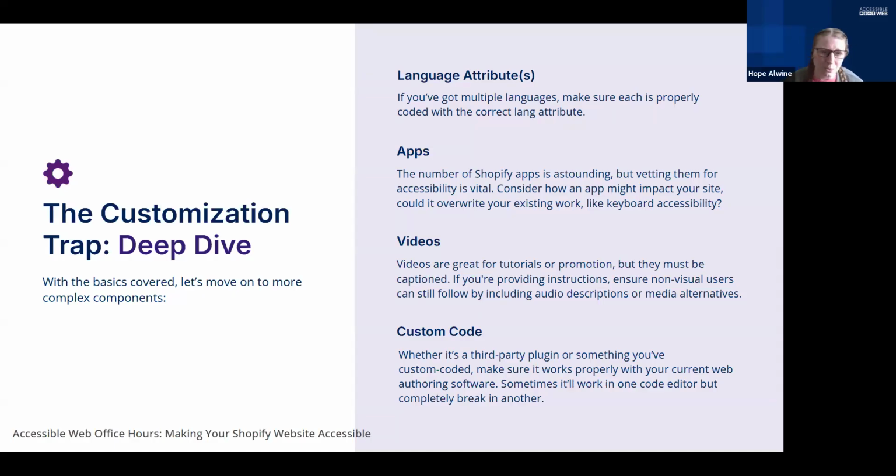Or I finally got a widget working in a code editor, and then I put it in the web authoring software and it breaks. So while it seems like this wouldn't be an accessibility issue, but more of a web developer problem, it does transfer, as keyboard functions or other important functions may work in one and not work in the other. So test continuously and often.